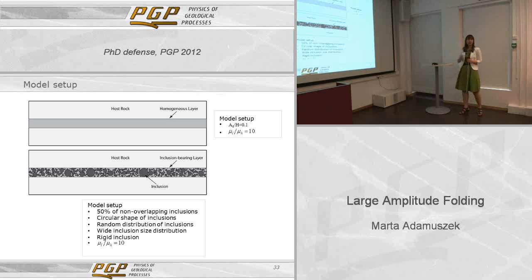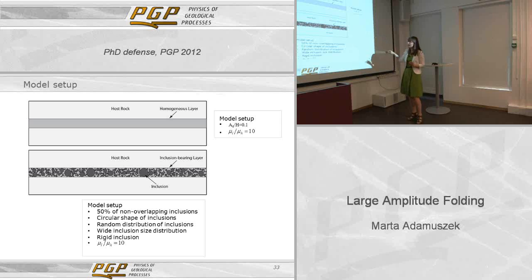And here I compared two models. The model where I initially have a layer without inclusions embedded in the host rock, and in the other case I have an inclusion-bearing layer. In the first case, I use a viscosity ratio between layer and host equal to 10.